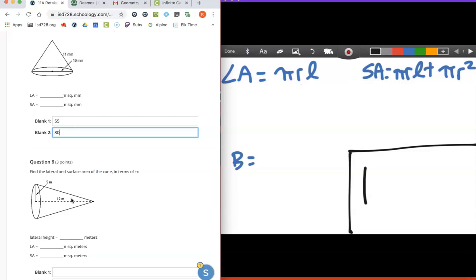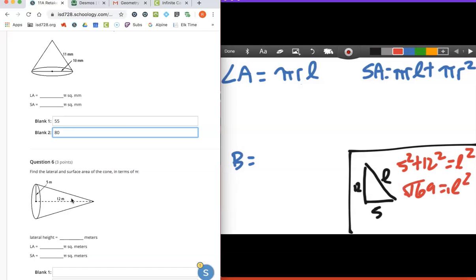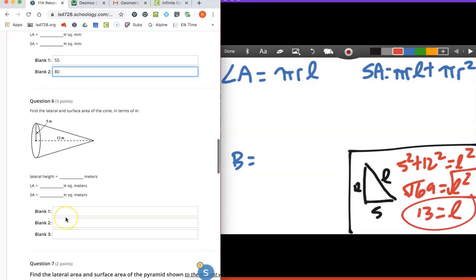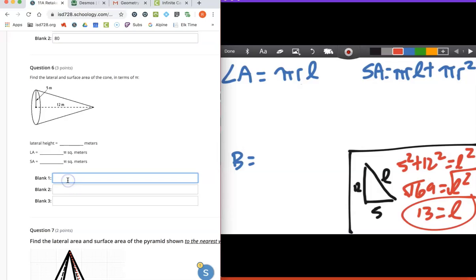We have 12, we have 5, we need L. Well, Pythagorean Theorem again. 5 squared plus 12 squared will give us L squared. 25 and 144 make 169. The square root of that is 13. So for this one, 13 is our first blank that we need to enter. 13 meters is how long L is. Then we can solve the rest of it.